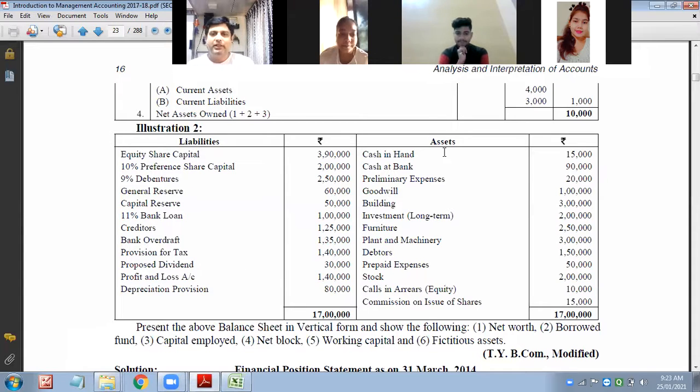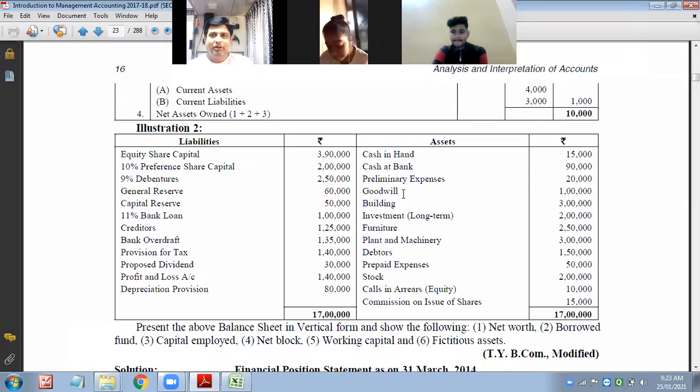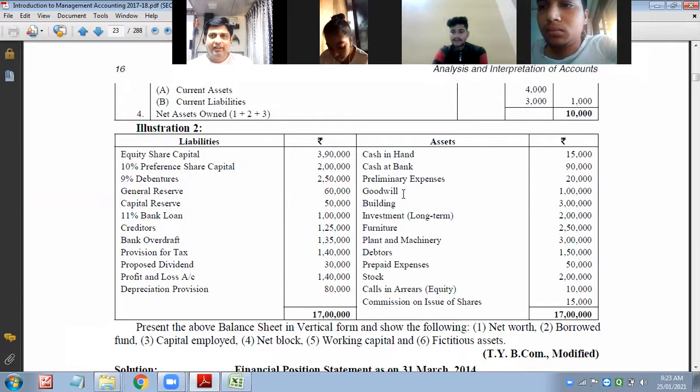Now let us go to the asset side. Cash in hand, current asset, quick. Cash at bank, quick asset. Preliminary expense, to be reduced from fictitious asset, reserve and surplus, shareholders fund. Goodwill, fixed asset, intangible. Building, tangible fixed asset.